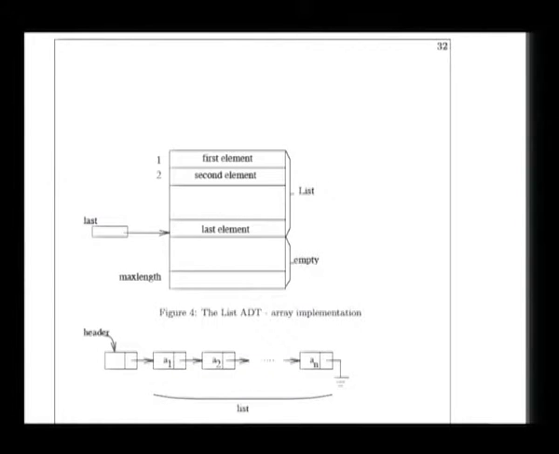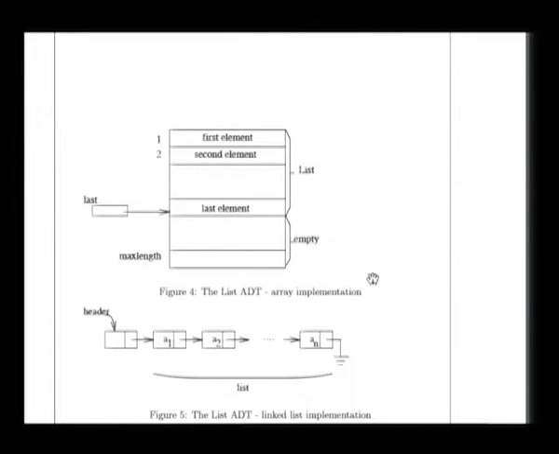So now how do I implement a list? It could be implemented using either an array or a linked list. These are the two basic data structures that are available. We already talked about it in the last class. An array enables random access, whereas a linked list, as we already said, is a recursive data structure, and you have to start from the head of the list.